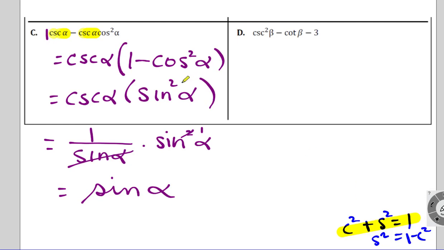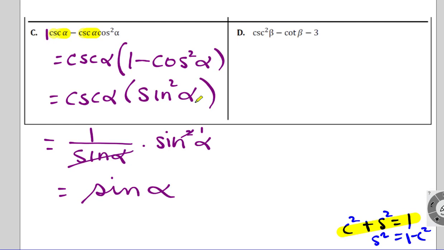That's true. So I just tried to solve for 1 minus cosine squared, and when I subtracted cosine squared from both sides, I was left with sine squared. So I was able to replace all of that with just sine squared. Okay? Other questions?